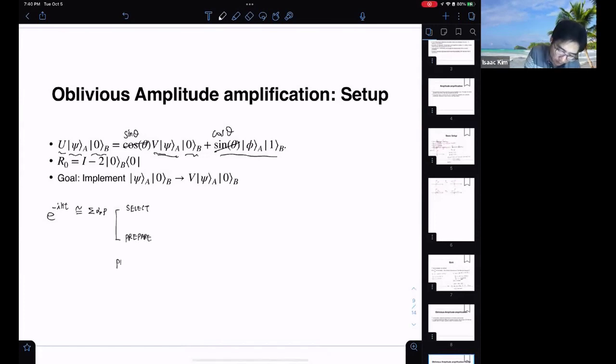And after applying this prepare, select, prepare dagger, apply to psi, an arbitrary state psi and a fixed state 0.